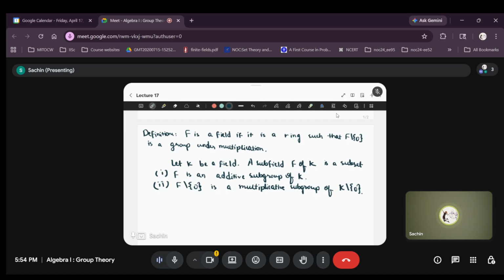Here, the second condition is that F minus 0 must be a multiplicative subgroup. That is not a condition for an ideal. So at the end of the day, F is a subfield of K if under the operations of K, F is a field and F is a subset of K.